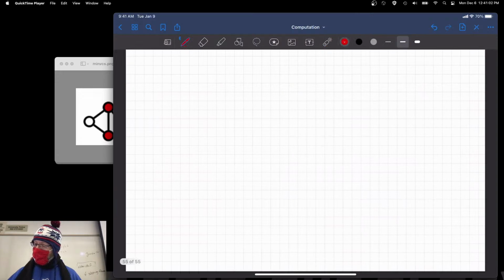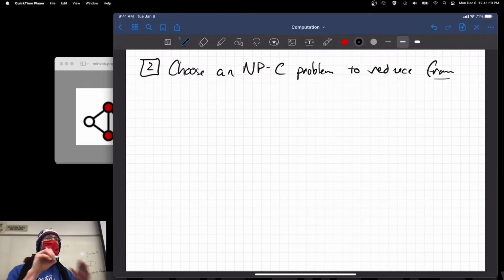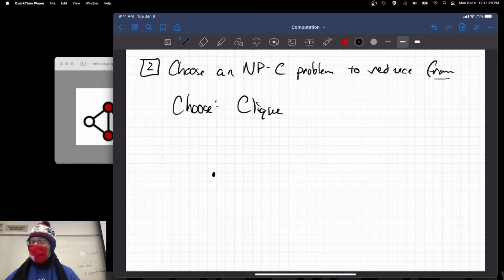Step 2: choose or identify an NP-complete problem to reduce from, because you're reducing from a known NP-complete problem. In this case, I'm going to choose clique, because that's what we did last week.